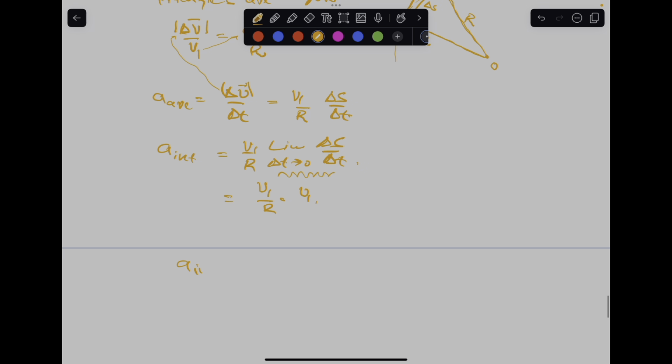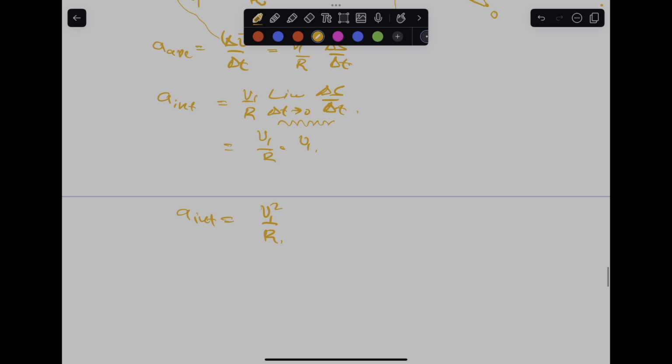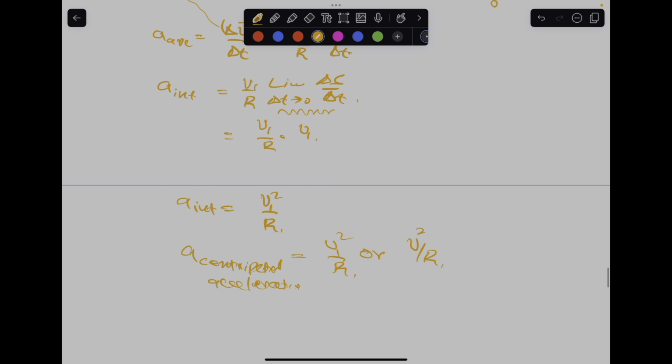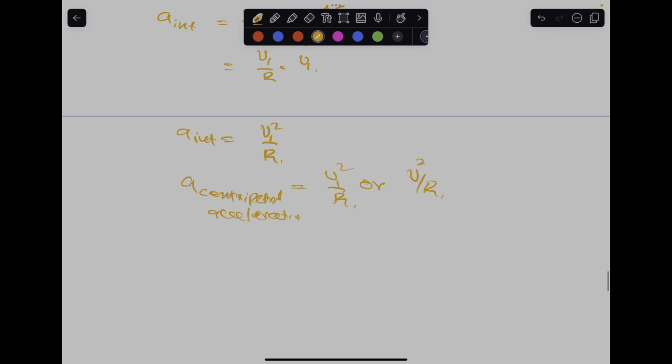So your instantaneous acceleration will become V1 square over R, or your centripetal acceleration, which is nothing but V1 square over R, or V square over R for general velocity. This acceleration is also known as the radial acceleration, which is V square over R.